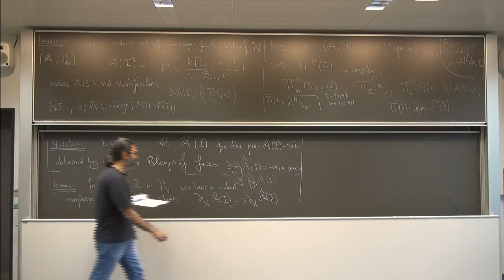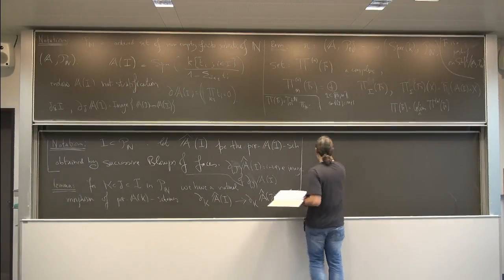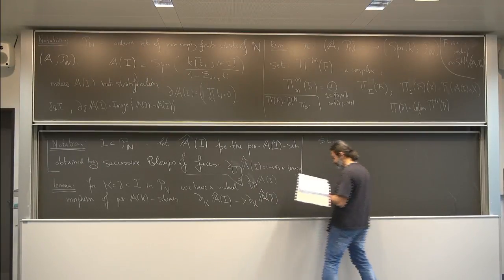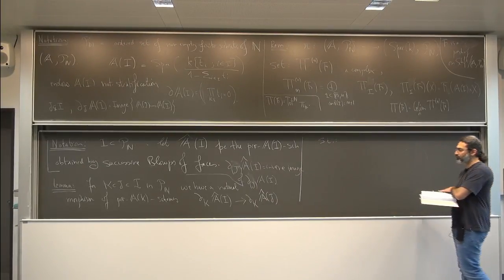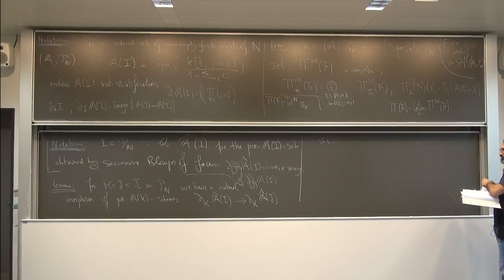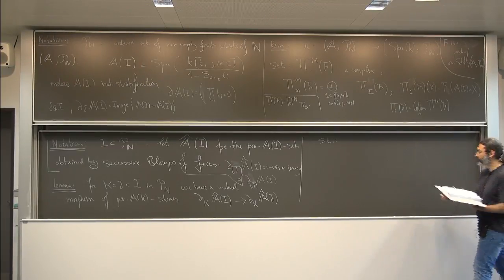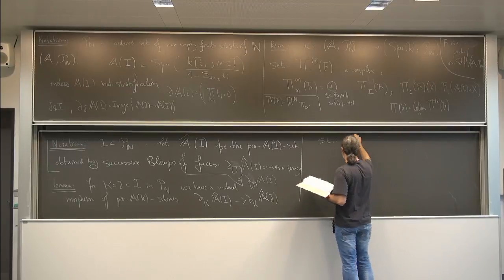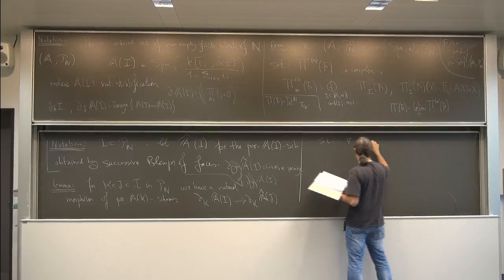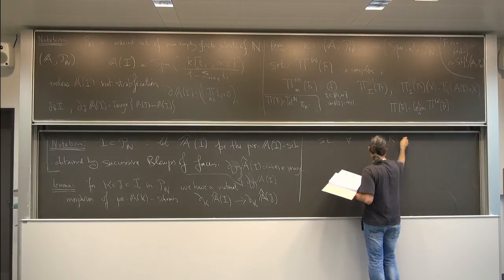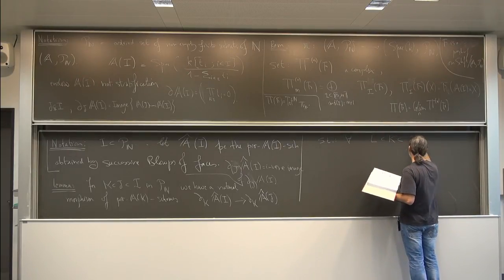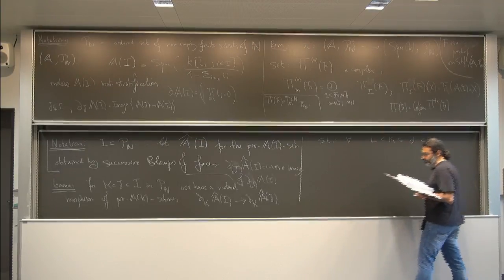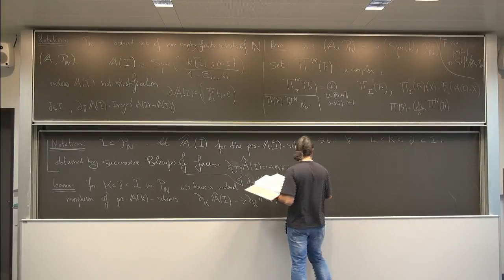And they satisfy the following compatibility: for every inclusion L, K, G, I, we have commutative diagrams like this.